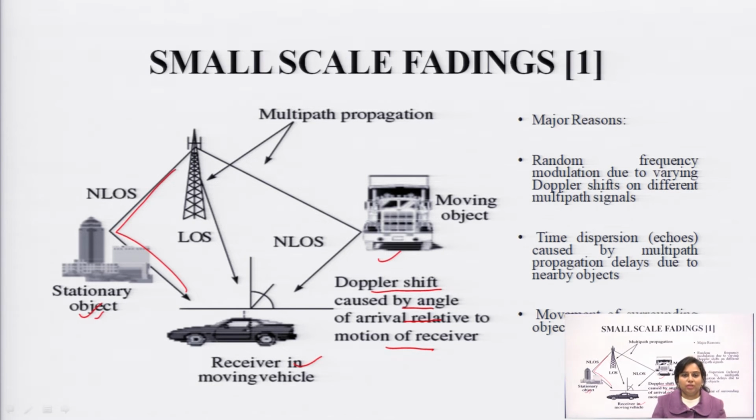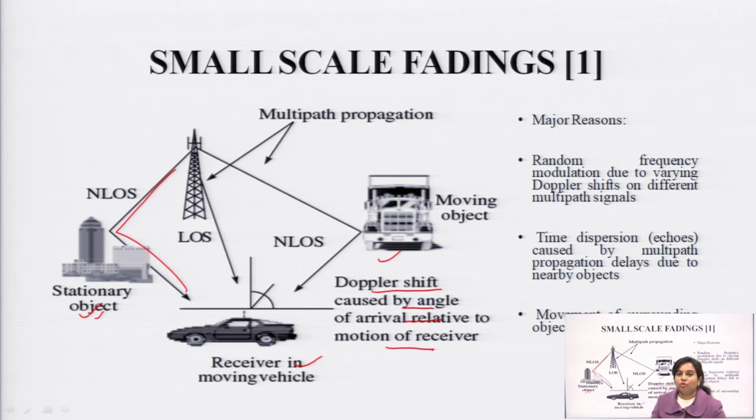Doppler shift is known when, let us say, I am transmitting a signal that has to be received by a receiver which is moving. When the object is moving towards the transmitter, the frequency of the signal gets added. When it is moving away from the transmitter, the frequency of the signal gets subtracted.